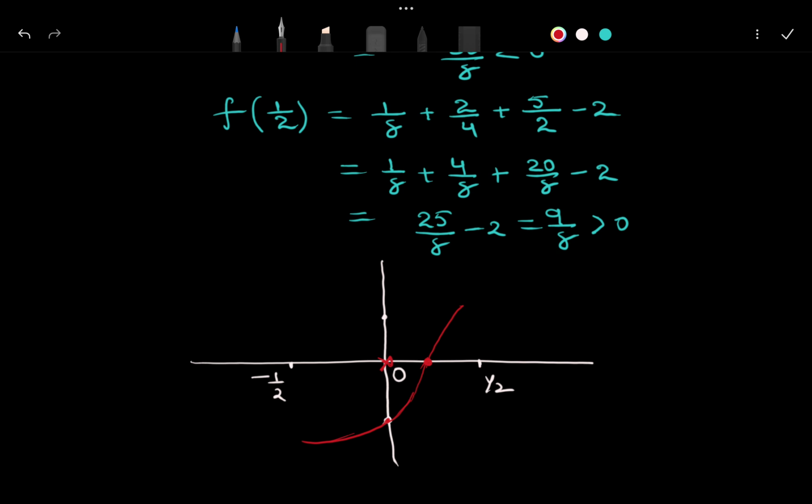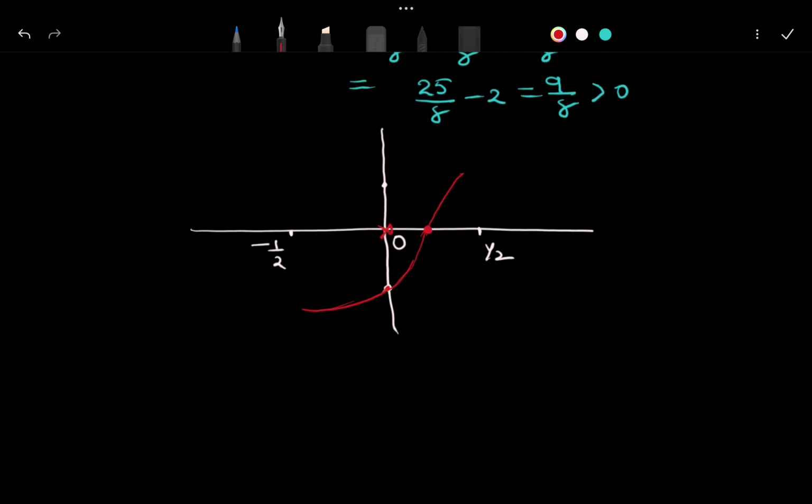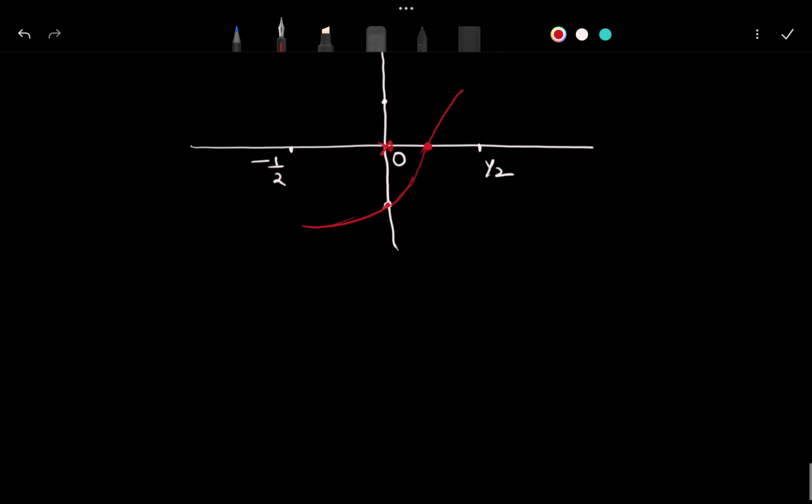So the number of roots in this interval is 2, therefore 2 roots in this interval.